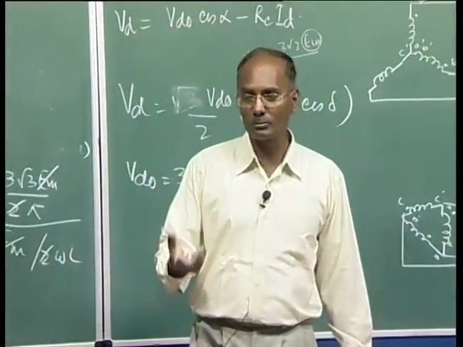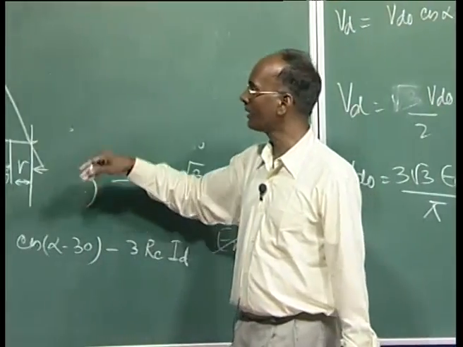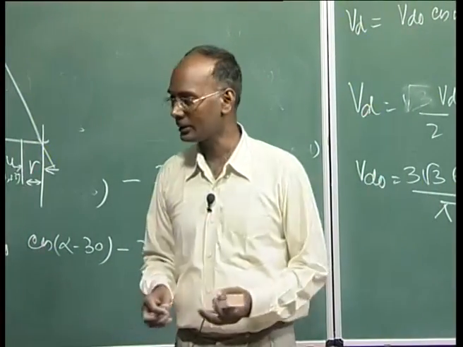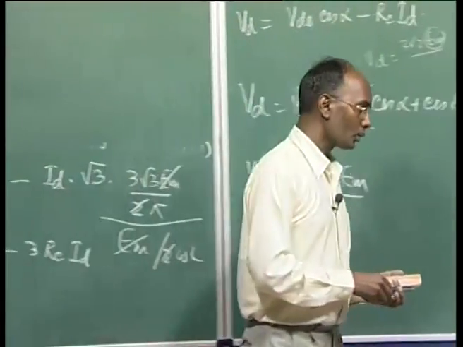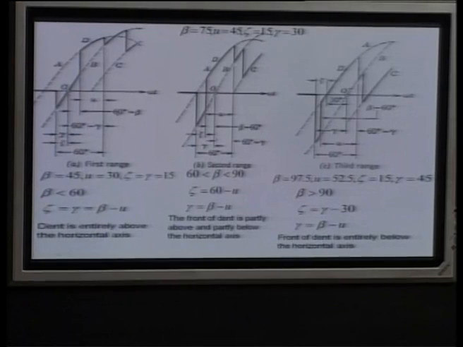Our filters are tuned for certain harmonics. But once commutation failure happens, the output voltage is not symmetric and there are many harmonics, which is not desirable. So, here we will now see the various possibilities.